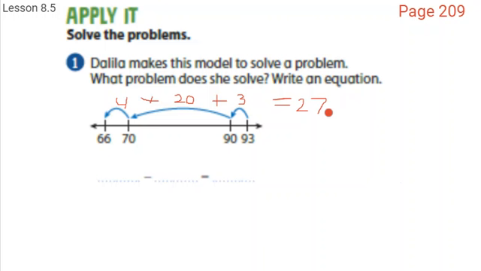Those plus signs in here. So we're looking at 93 minus 27 equals 66.